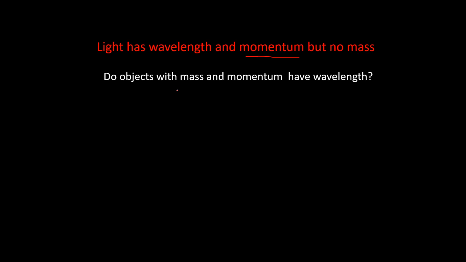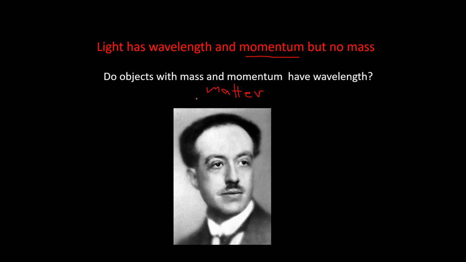Again, momentum equals h over wavelength. So now we know that light, a wave that has wavelength and no mass, has momentum. Could particles that have mass or momentum, or in other words, matter, have wavelength? This question was answered by Louis de Broglie. Louis conducted an experiment using electrons.